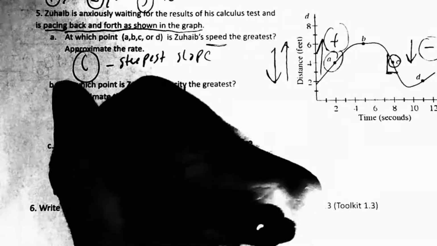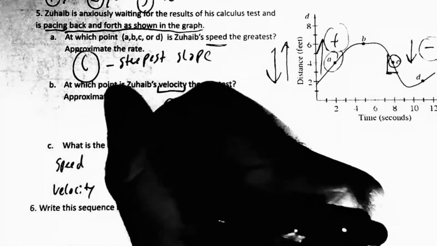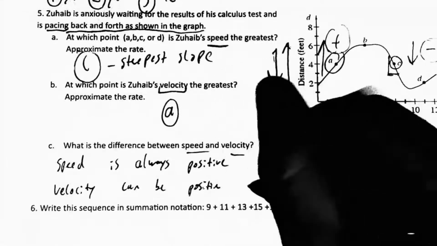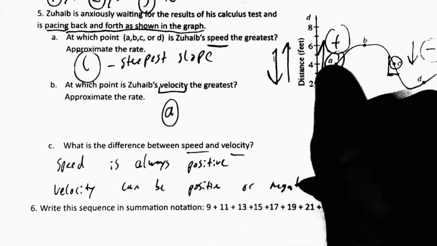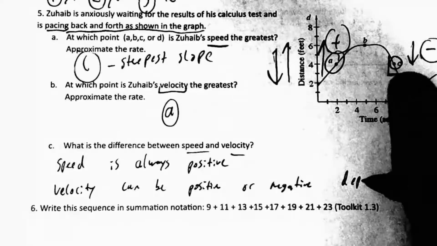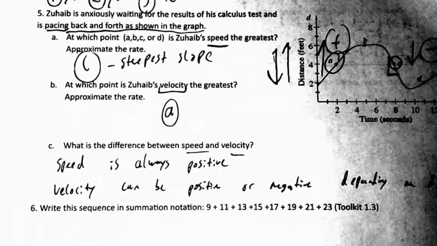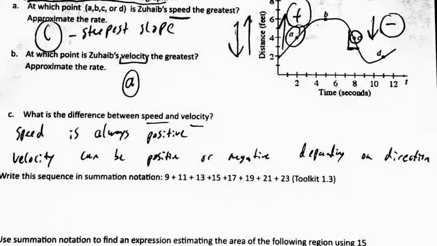Velocity can be positive or negative depending on direction. I mean, there's different answers to this. You could have put different things here, but generally, speed is always positive, and velocity depends on direction. Velocity is speed with direction.